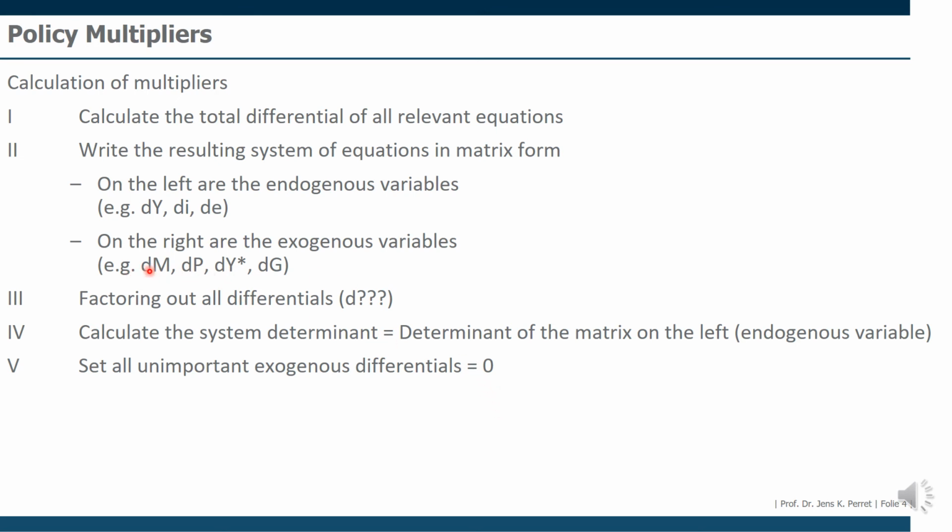So there will only be one vector left on the right hand side. That's the vector relating to the exogenous variable we are considering at the moment. If we have this, we divide by the corresponding differential, and then we simply have only one vector left on the right hand side.